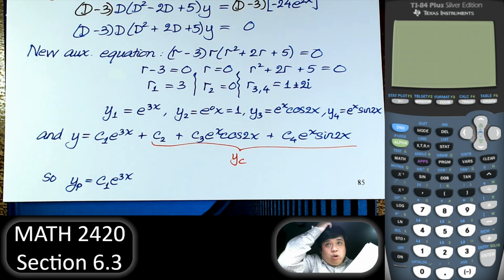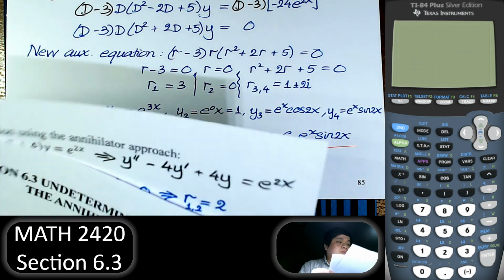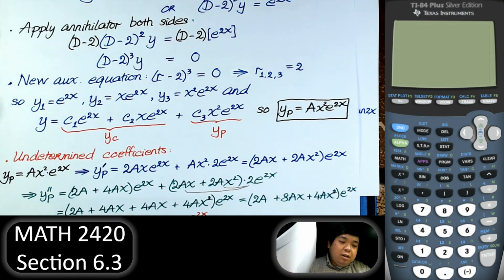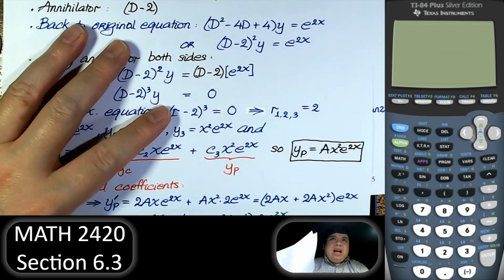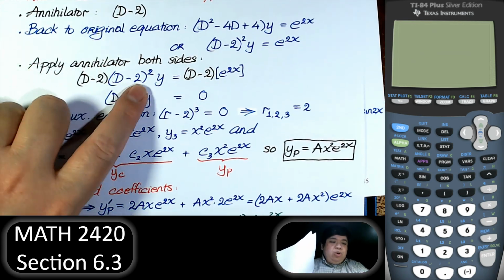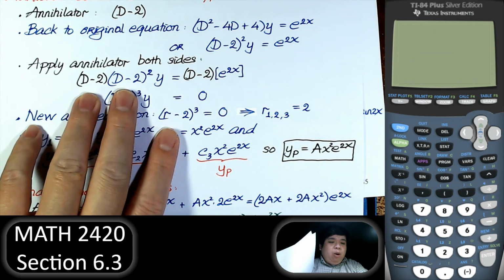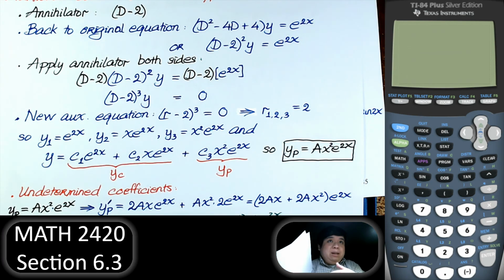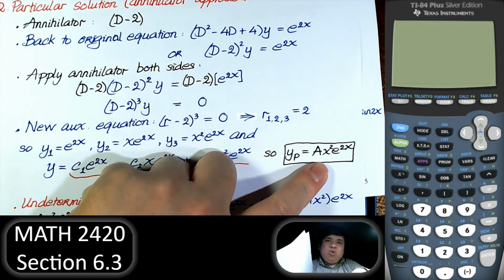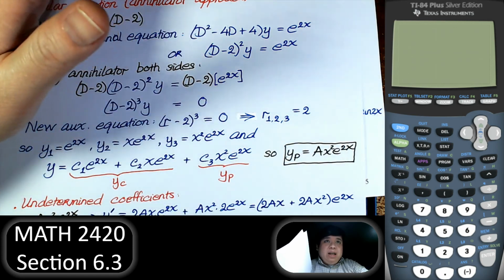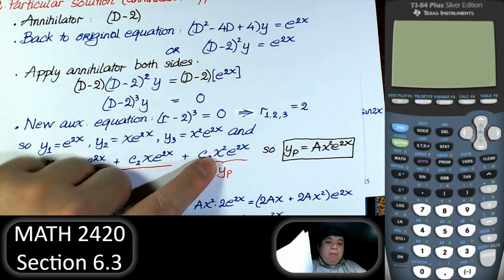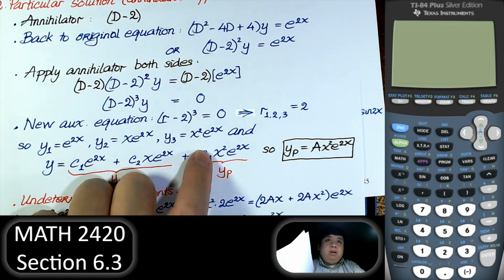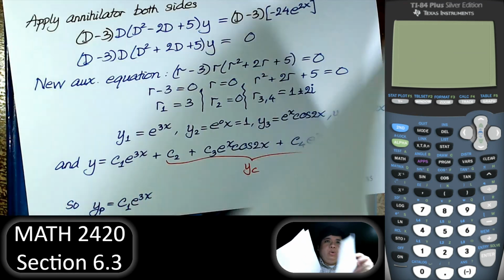Of course, if we want to work more types of functions, then we have to use variation of parameters. But yeah, the nice thing about the annihilator is that we don't have to worry about the case where we have linear dependence, where we have to multiply by x or x squared. It would take care of the problem naturally, and when we do this, it comes out perfectly. This is the new term, so that has to be the particular solution.